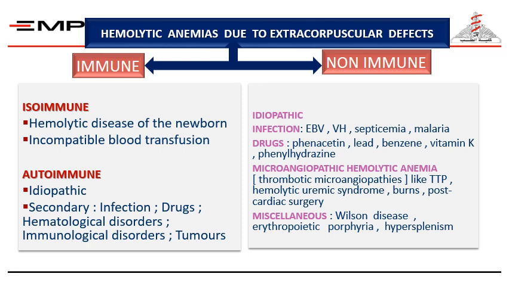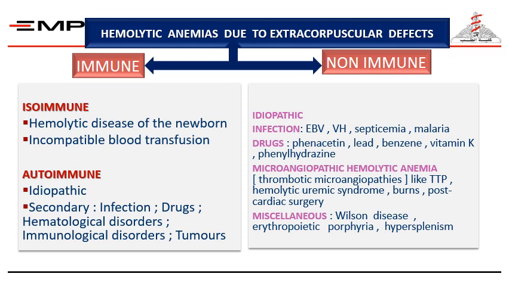I believe this will be discussed in the proper sessions. What we are caring about is autoimmune, the presence of autoantibodies, abnormal antibodies against self-antigens causing red cell destruction, which could be idiopathic or secondary to infection, drugs, hematological disorders like leukemia, immunological disorders like lupus and rheumatoid, or secondary to tumors.